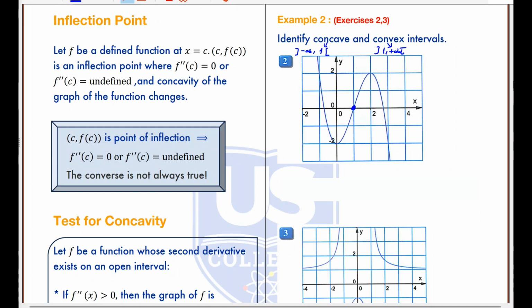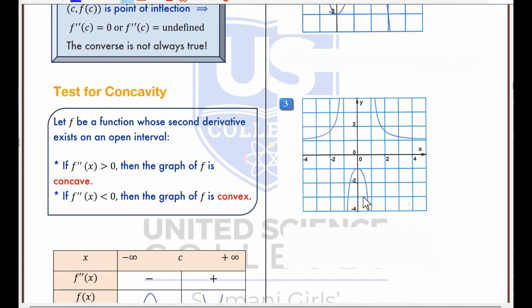All right. Exercise 3, let's do the same. This part is opening up. This part also opens up. So we have two parts that open up, meaning concave. What are the concave intervals? From negative infinity till, I see a vertical asymptote here. Even though it's invisible, it's not given in the question, it is clear that we have asymptotes at negative 1 and 1, because this is where the function is approaching.